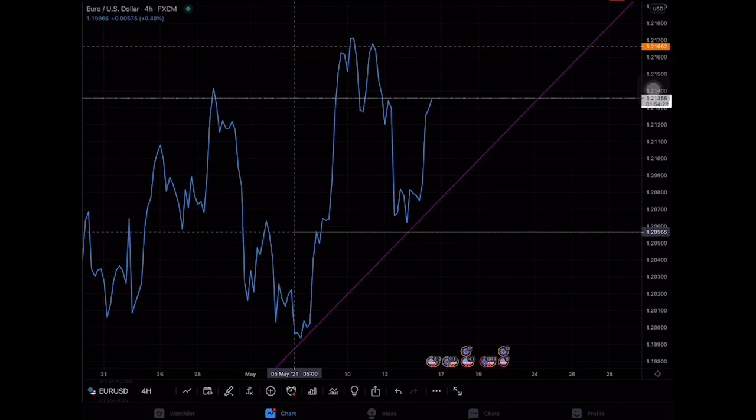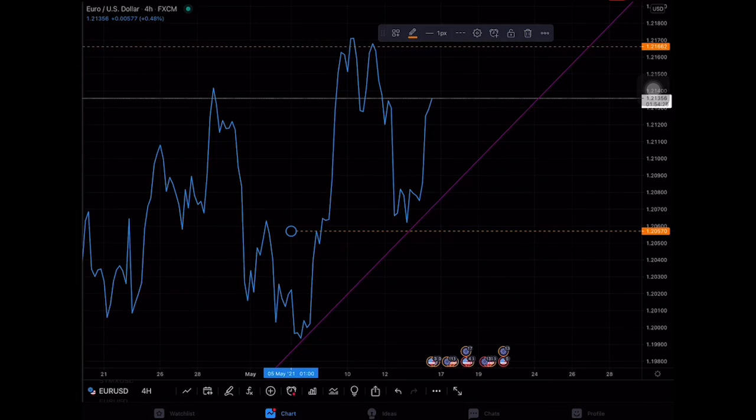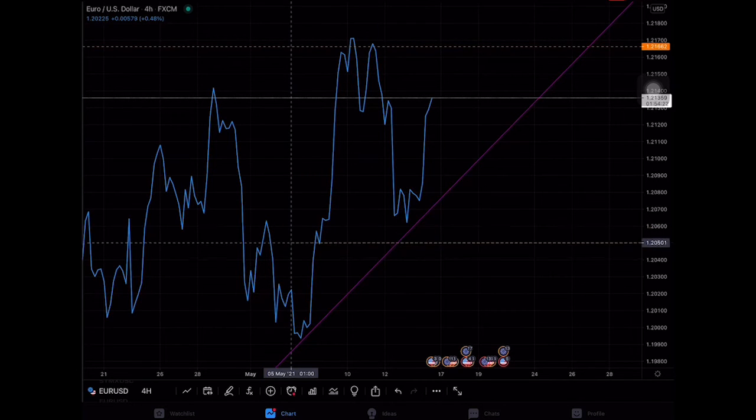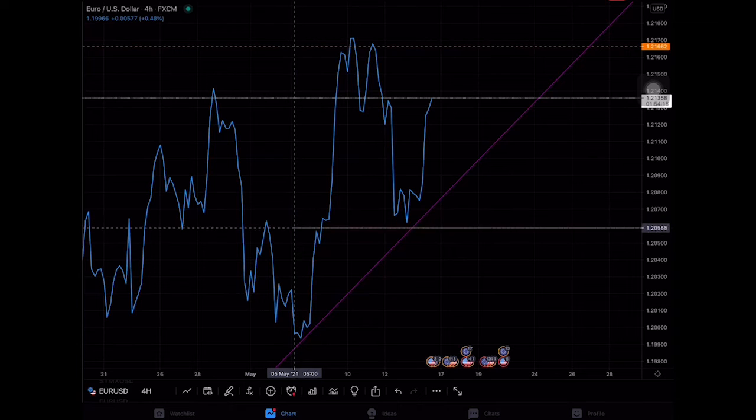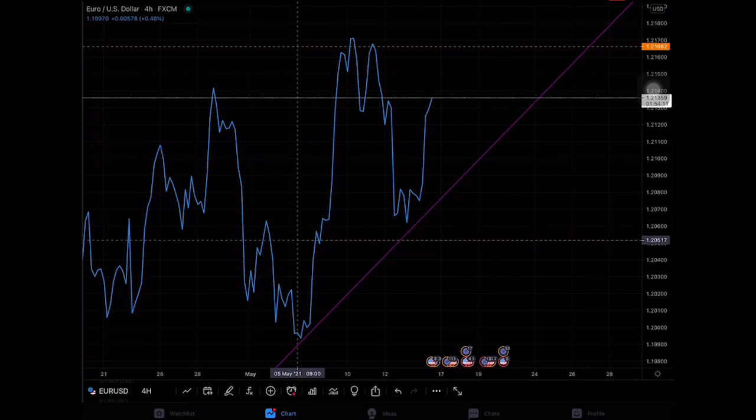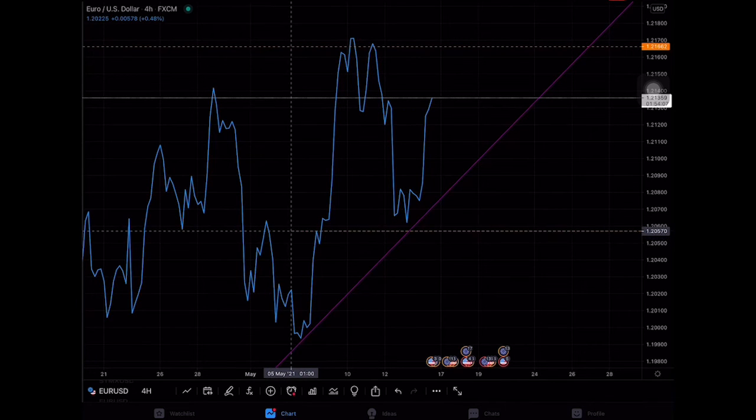Since there's a resistance RBS here, resistance becomes support here, and there's a trend line here. Either it's here, also can, here also can, here also can. All of this level is very close to a trend line, so all of this level is valid to entry. But Uncle will take this price point because why?